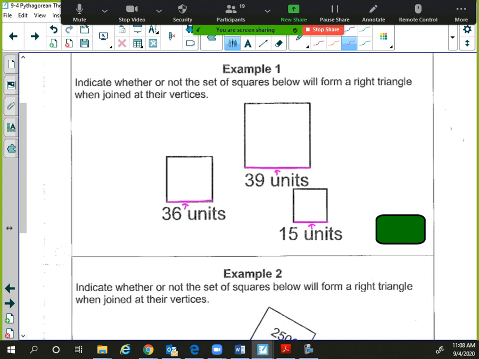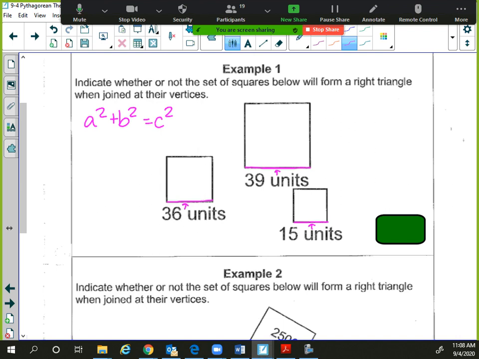So if we were to manipulate these squares and move them around on the paper, and put them together in a way where they would form a right triangle, would it form a right triangle? So the way that we prove that is Pythagorean theorem. So a squared plus b squared equals c squared. And I have my three sides. All I'm doing now is plugging that in.